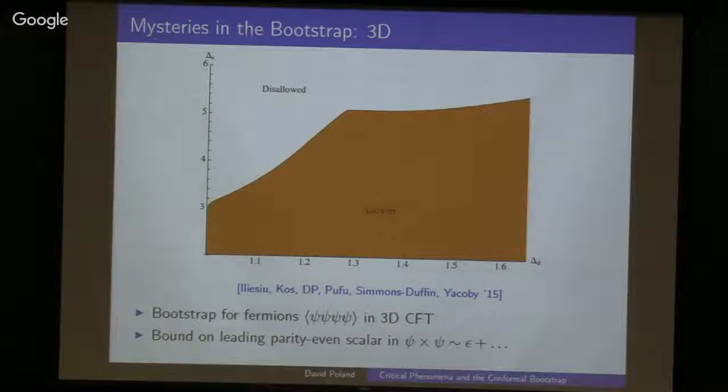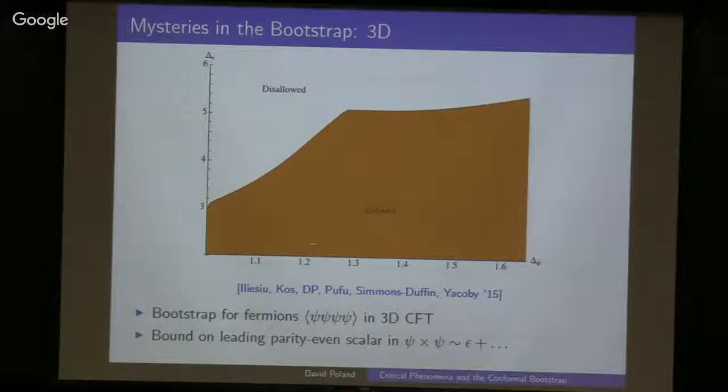So an optimistic reading could be that maybe the bootstrap has discovered interesting new CFTs, and previously theorists weren't clever enough to understand what these CFTs were. I think there's at least some chance that the conformal bootstrap can really be used as a discovery tool for finding interesting new theoretical structures.